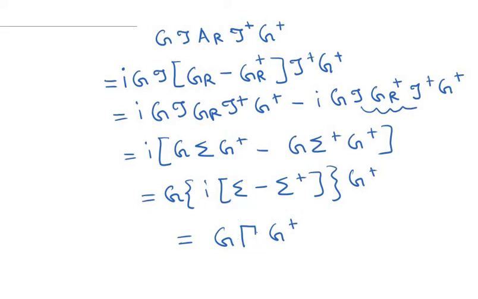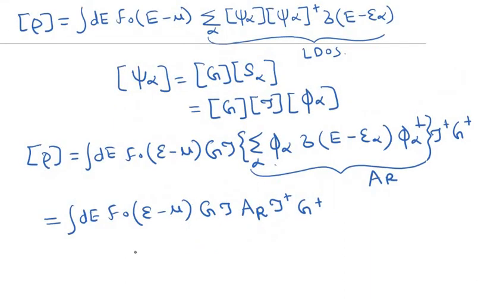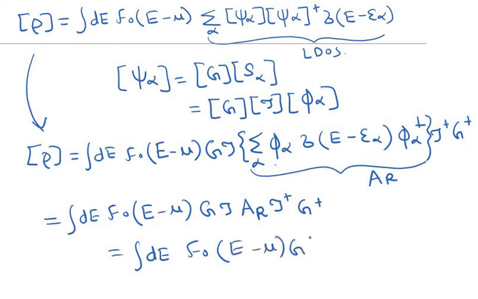Okay, so therefore this can be written as the integral dE f0, which should be equal to E, not epsilon, because we are integrating it over energy now. f0(E minus mu) G gamma G dagger.